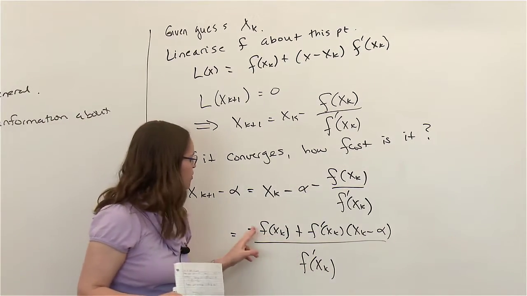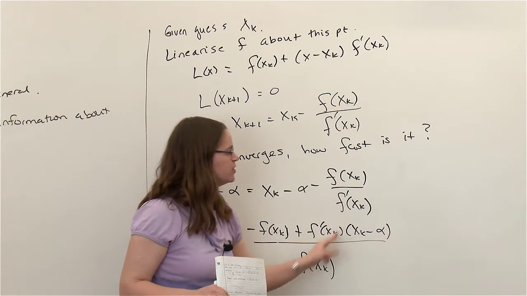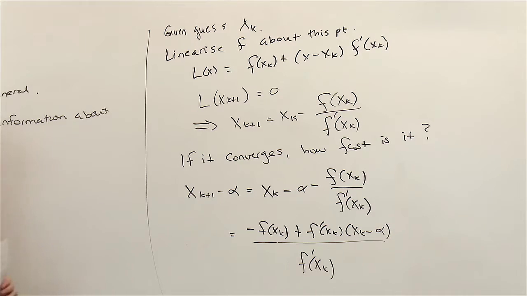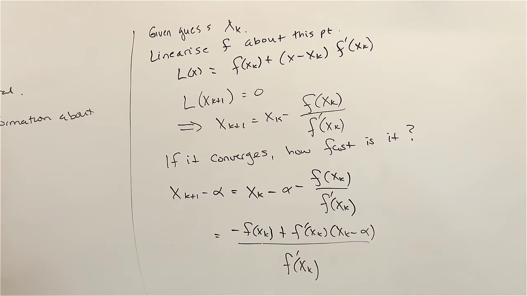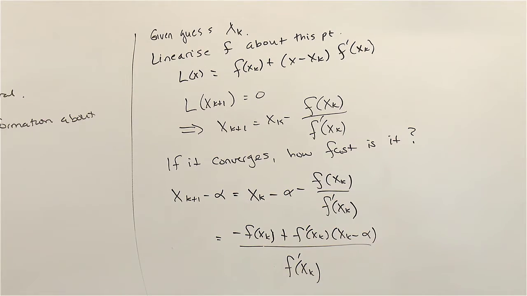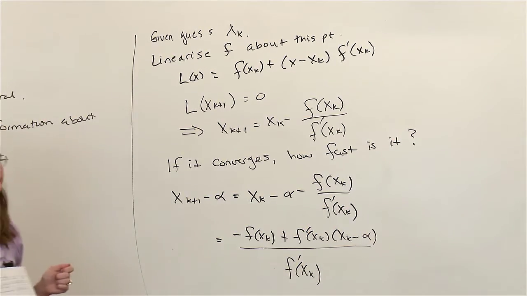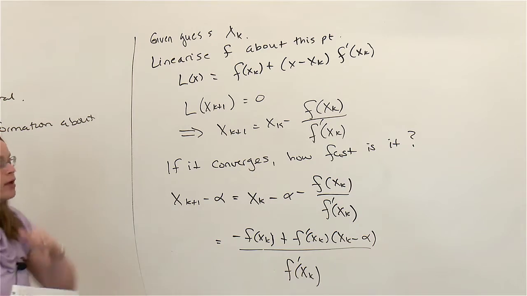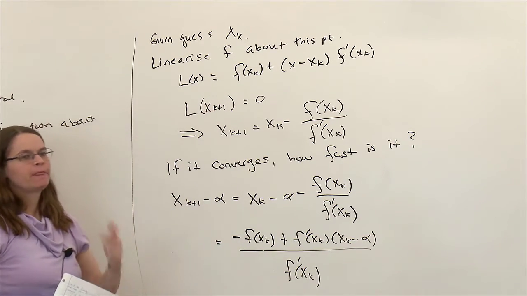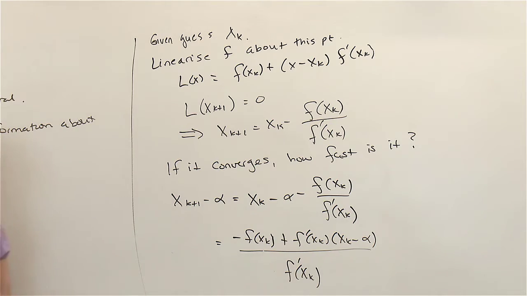We've got a function value, we've got a derivative times some difference. Where do you see things like that? Yeah, the linearization on top. So we're seeing this linearization, you're seeing the mean value theorem, you're seeing really a first order Taylor approximation.